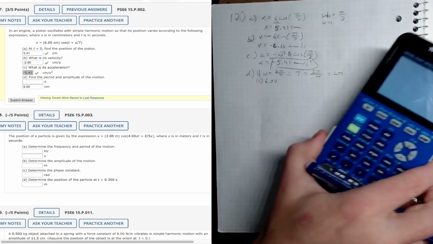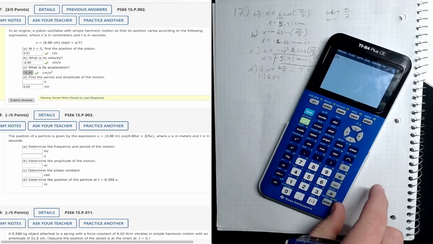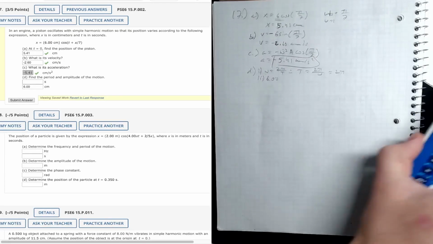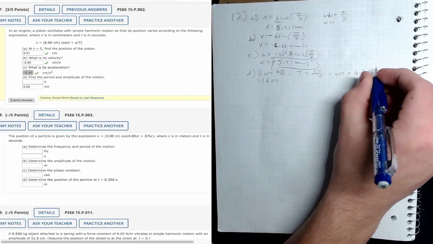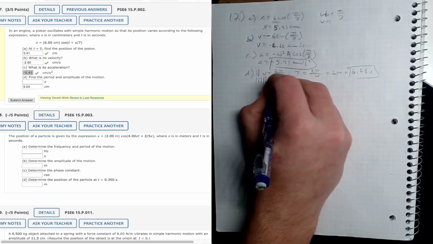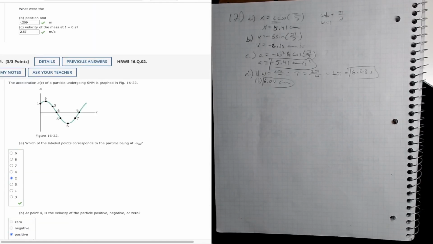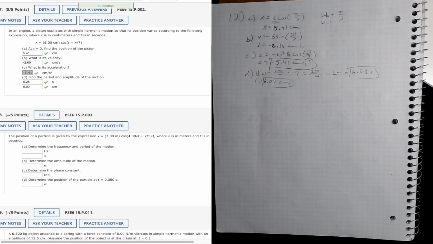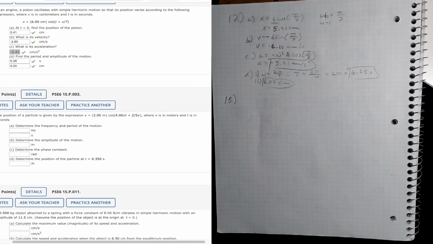So our period is going to be 2 pi, which is 6.28 seconds. That's 6.28 seconds. And there you have it, guys. It's problem number 17. Now on to problem number 18.